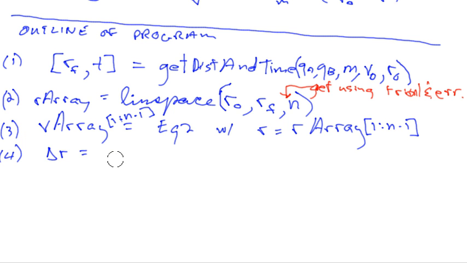Gotta get that delta r a little bit later, but v array of, it's really that stuff goes in parentheses, but I don't really have to get that right here. This is just the idea of it. The v array of n is 0.